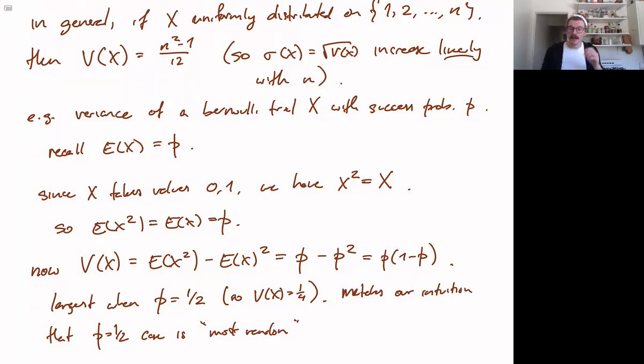And if p is less than 1/2, you can expect to see tails, or failures, I guess, more often than heads or successes. But when p is equal to 1/2, this is the most random situation because you don't really have any expectation one way or the other. So this is some intuition for why the variance should be the largest when p is equal to 1/2.